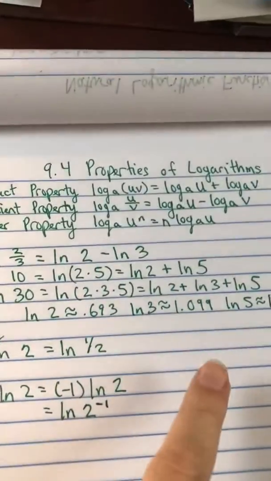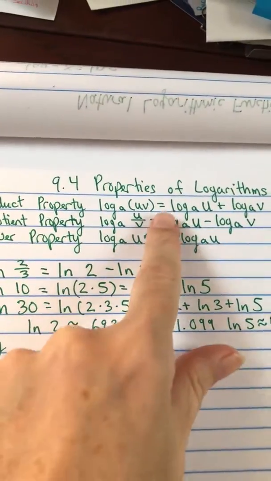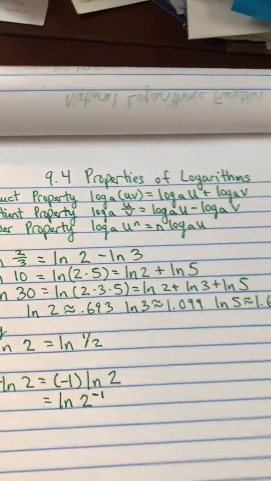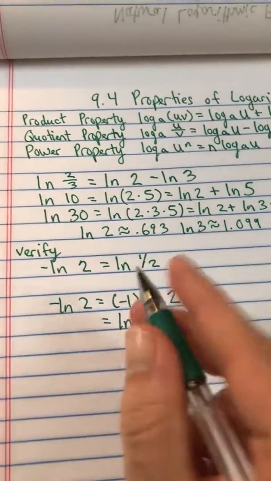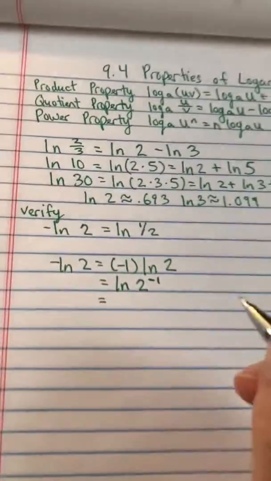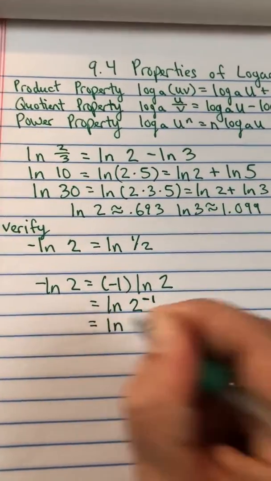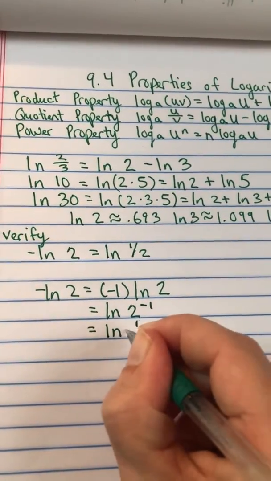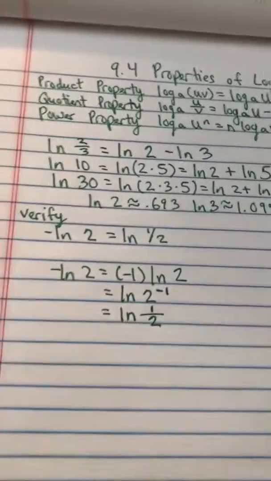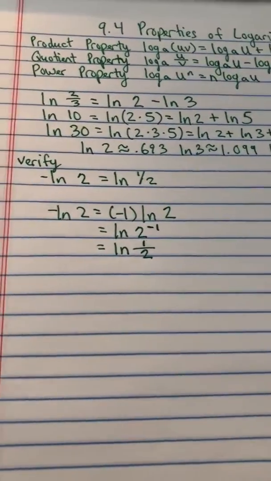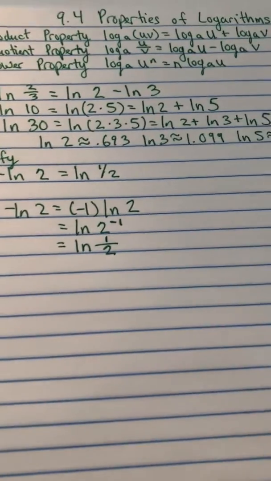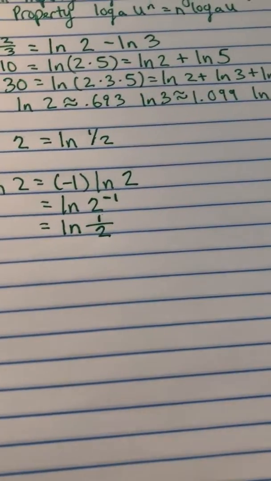Okay, if you remember with the power property up here, u to the n, we can bring that n out. All right, and that is equal to, if we have 2 raised to the -1, then that's the natural log of 1/2, okay, which equals that side. So we're just verifying there by properties.